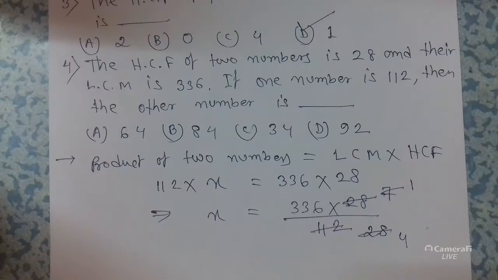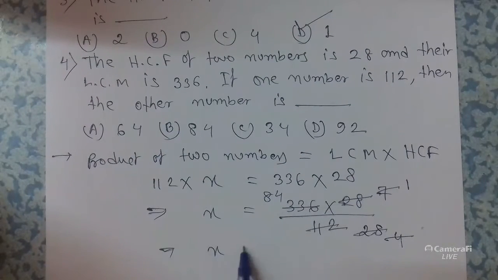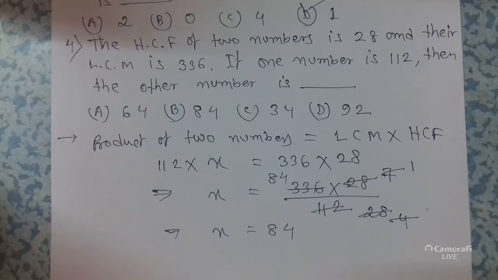Okay. Now we can divide 336 by 4 also. So this implies x is equal to 84. So the other number is 84. So option B is correct. Option B is 84. I hope all of you understood. Now next problem.